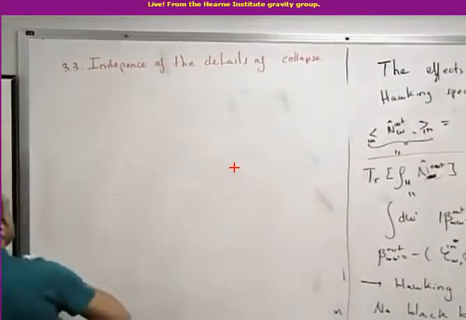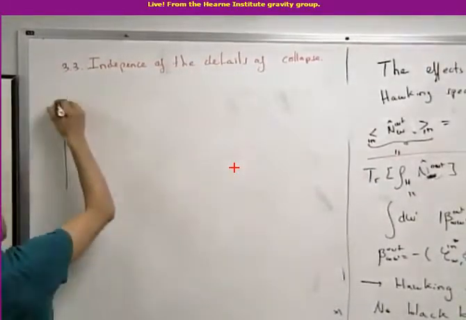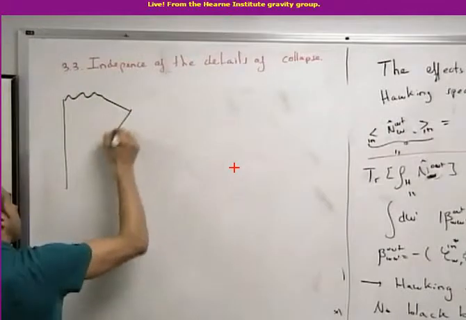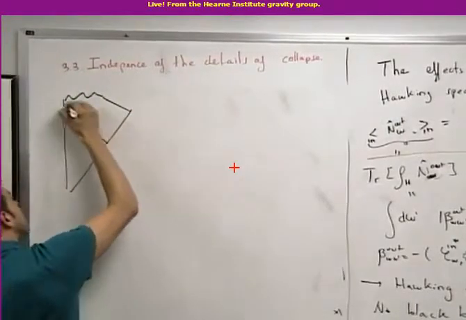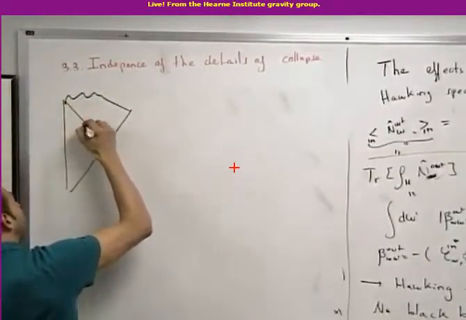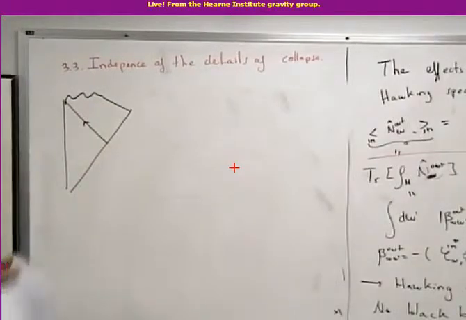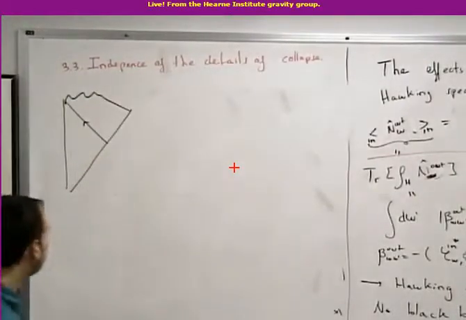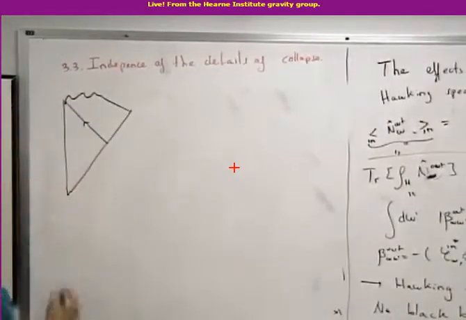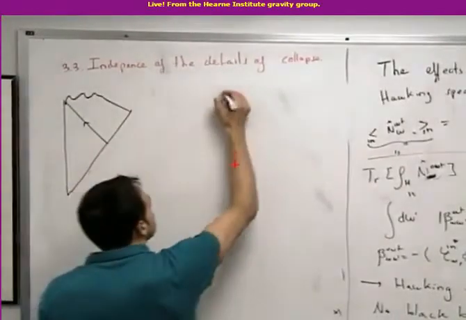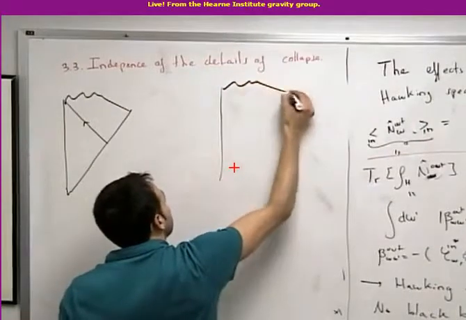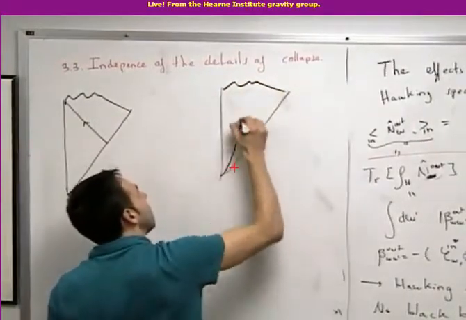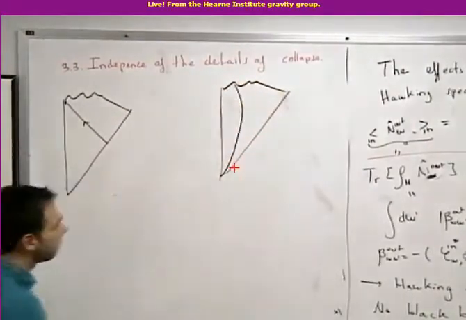Again, so far we have used an extremely simple and unphysical model of collapse. The black hole is produced by a single, infinitely thin, incoming shell of null radiation. What happens if we replace it by something more real, like a star collapsing, like this?